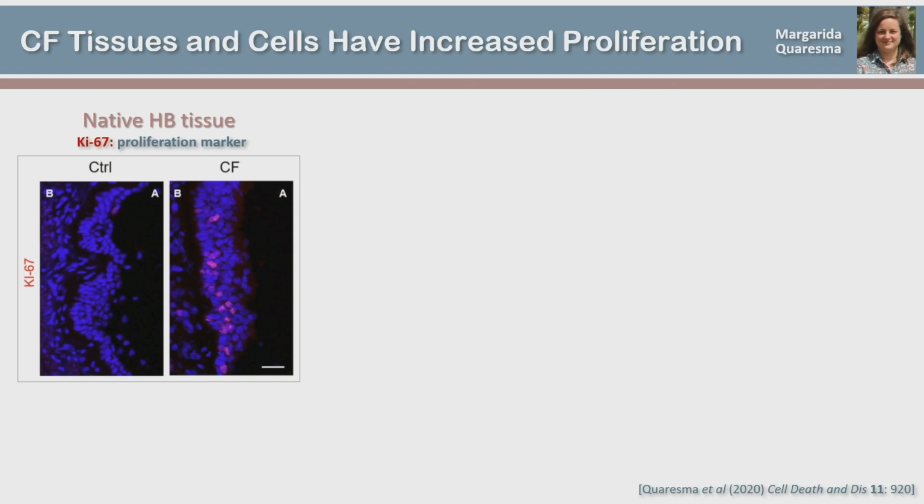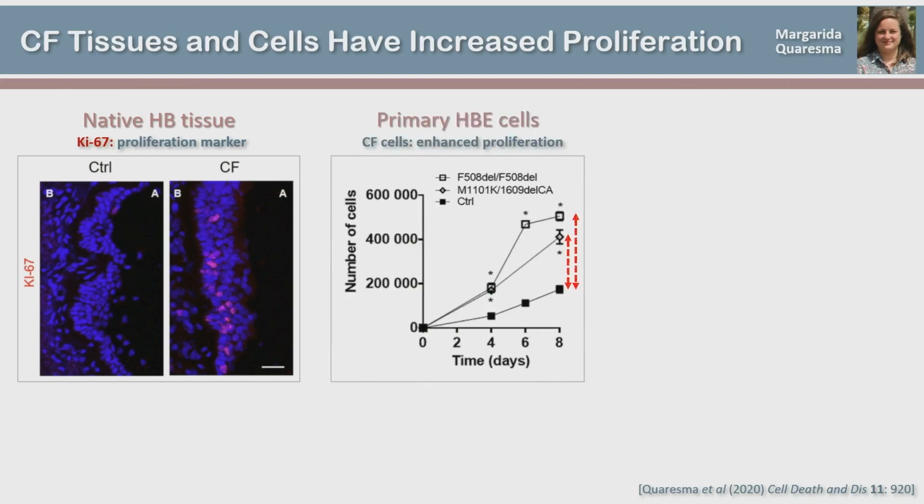So I'm now going to show you some data from my own lab. And we show here in native human bronchial tissue that we get from explanted lungs that this marker of proliferation, Ki67, is almost absent in non-CF bronchi, but it's quite active in CF tissue.